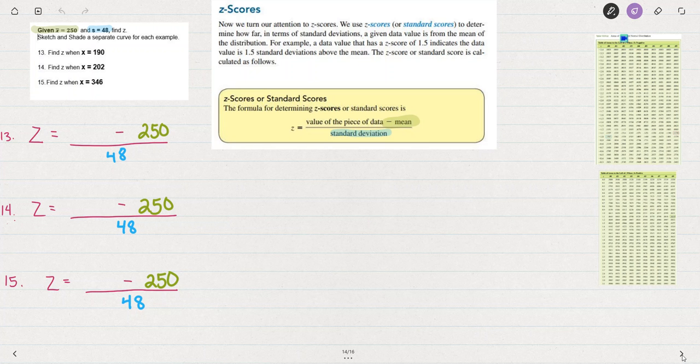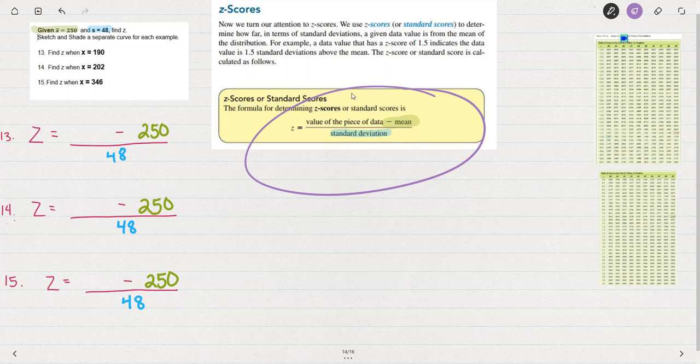Let's look next at how to calculate z-scores. We're going to use this formula. The data, that's the x, minus the mean divided by the standard deviation. So if x is 190, I'll subtract the mean of 250 and divide by the standard deviation of 48. I could then say that z sub 190, do you see how I write that? Z and then a subscripted 190.